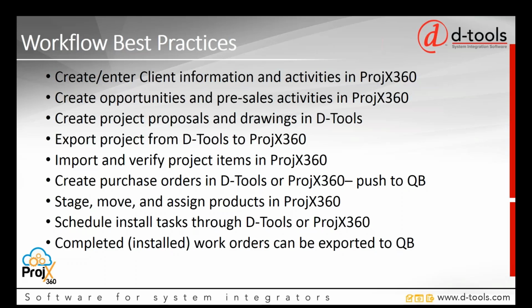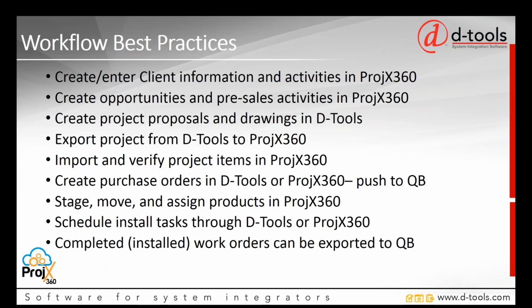And once that information's there, so the client, the address, any other additional information about that job, then depending on who's doing the proposal, sometimes the salesperson may start the opportunity and get it to a point where it's ready to be engineered, or you have more of a detailed proposal.